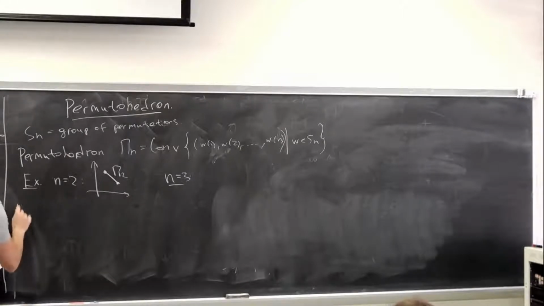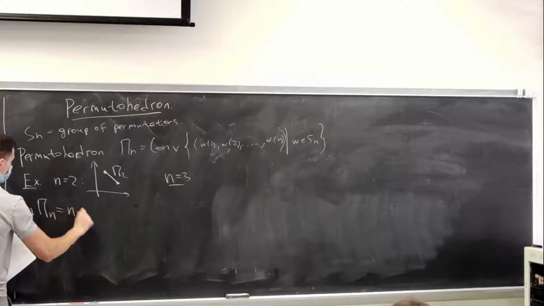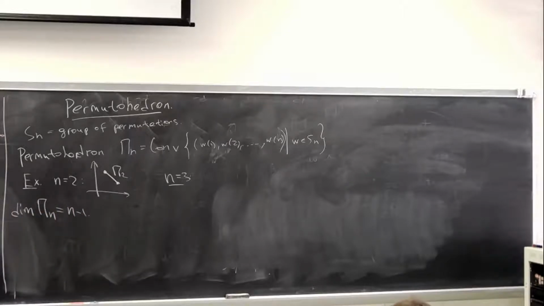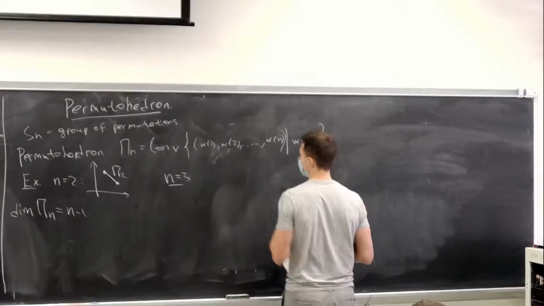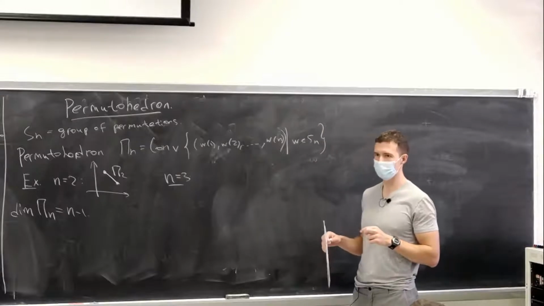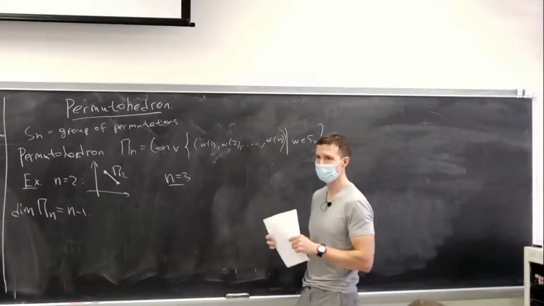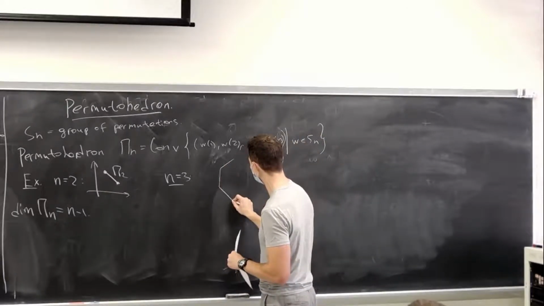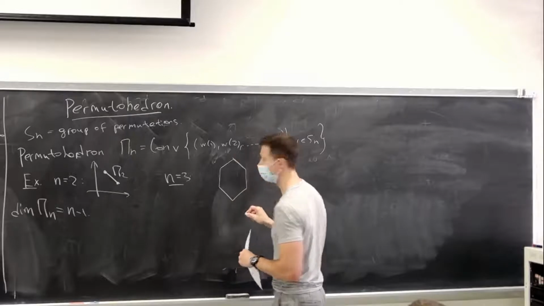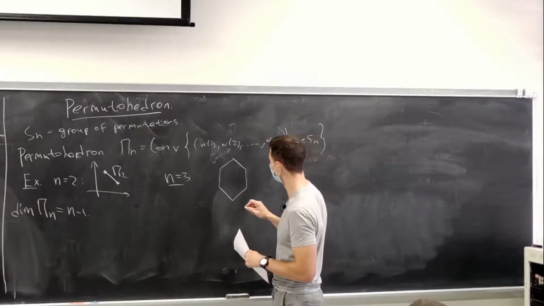We mentioned that the dimension of Pi n is n minus 1, which is 2, so it has to be a polygon. It's a polygon defined as the convex hull of 6 points, some of which may or may not be vertices. So a natural guess would be that all of them are vertices, and then it looks like a hexagon, but maybe not all of them are. We are yet to figure out which ones are vertices.